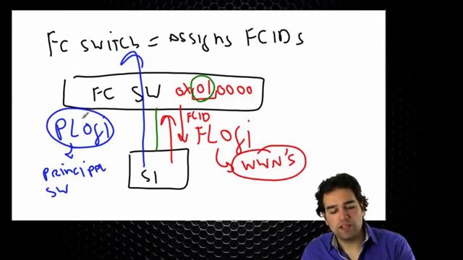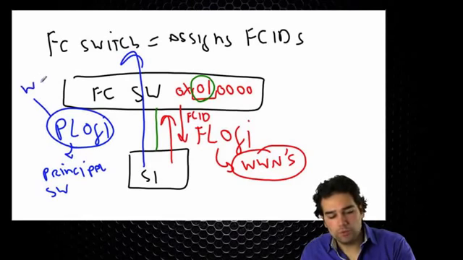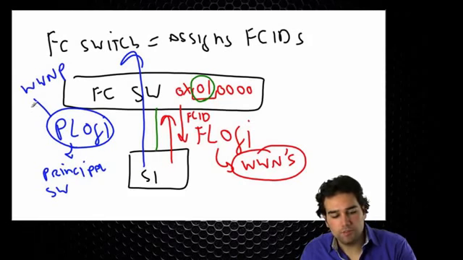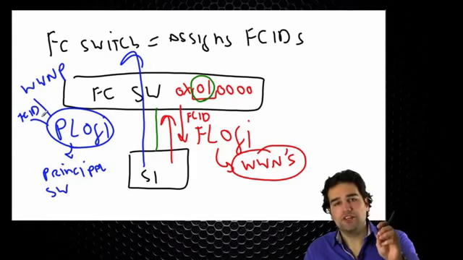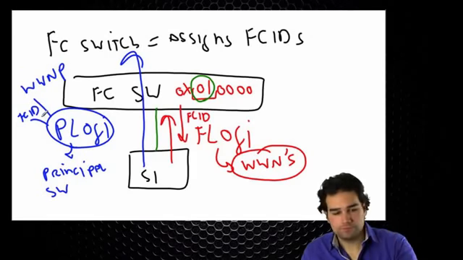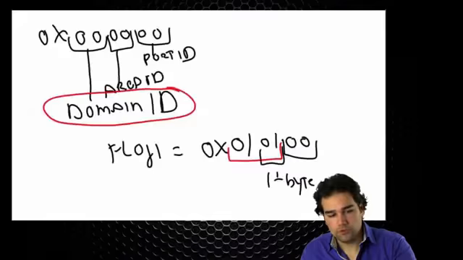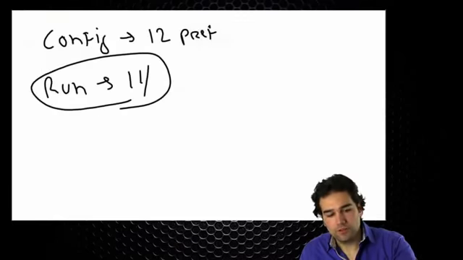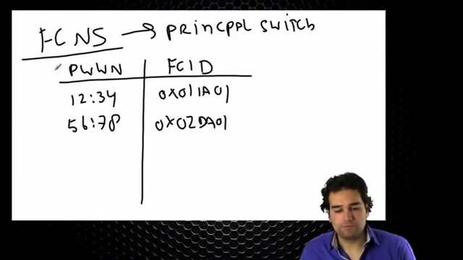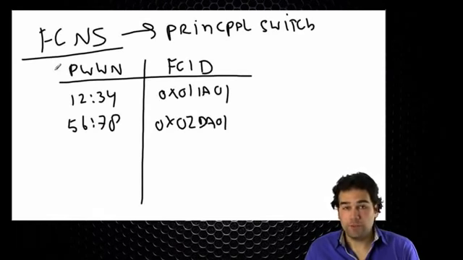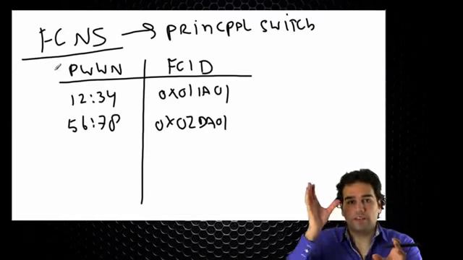It's going to send a PLOGI, and in that PLOGI I'm going to say, hey, I am this port worldwide name, and this is my FCID that I got assigned. And it's going to register that with the name server. So cool, right? A lot cooler than Ethernet. So Fibre Channel name server: just a table with worldwide names and FCIDs.